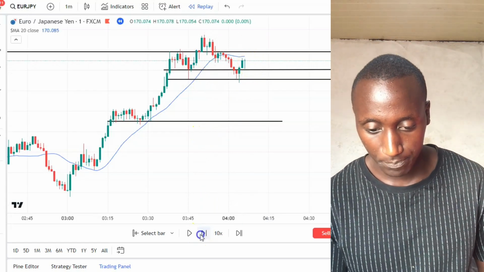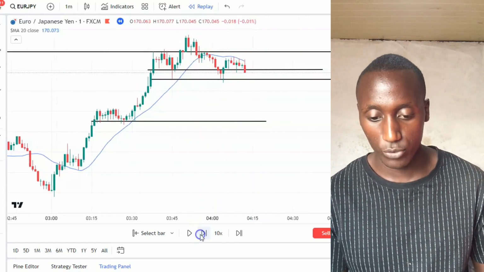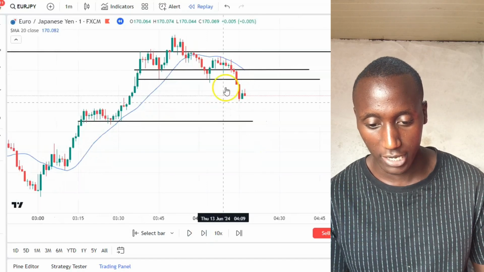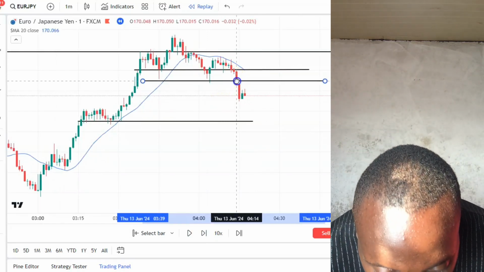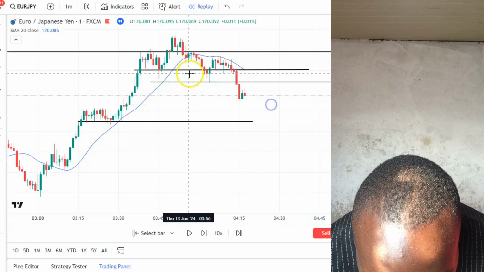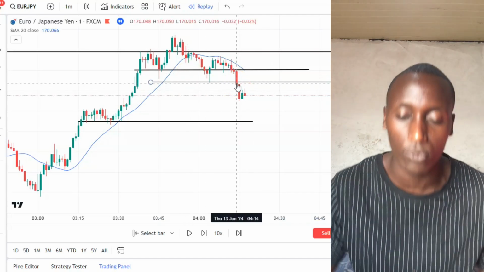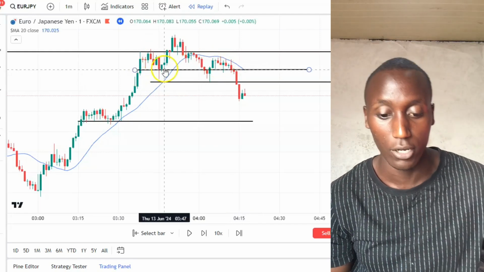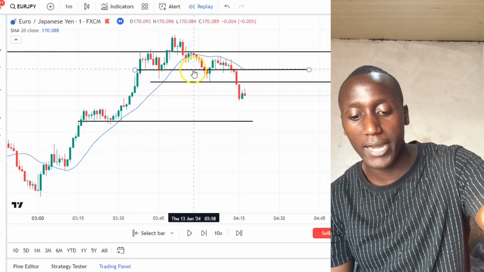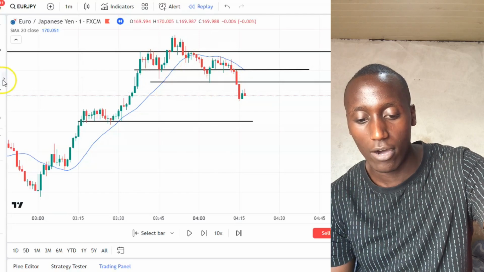Now, we see that price is trying to go down. So we see price trying to push down, and then boom, we have this breakout. So if we look at the low of that pin, we see this candle breaks out and closes below that level, which means that this pattern has been locked in now.